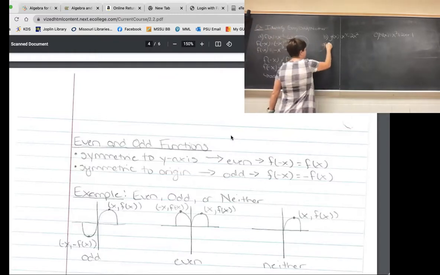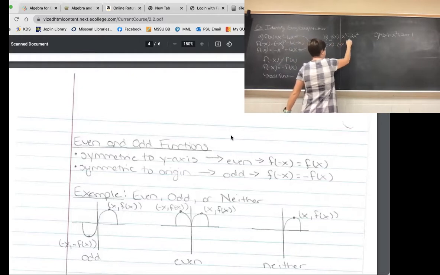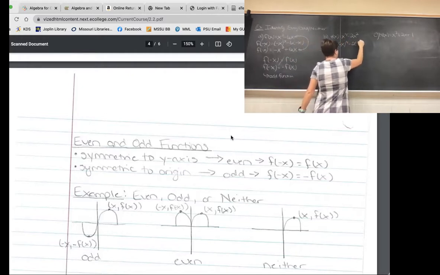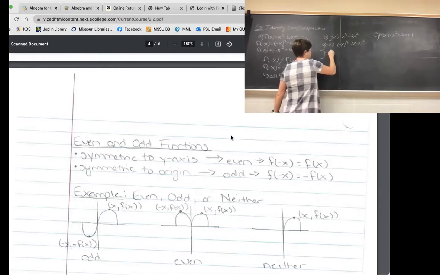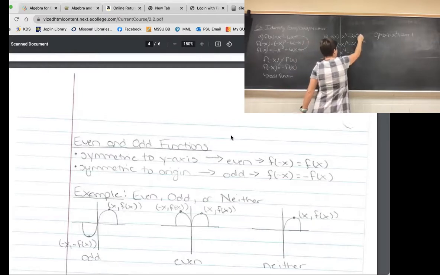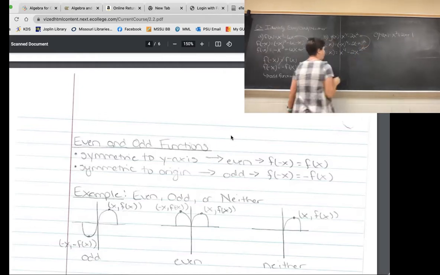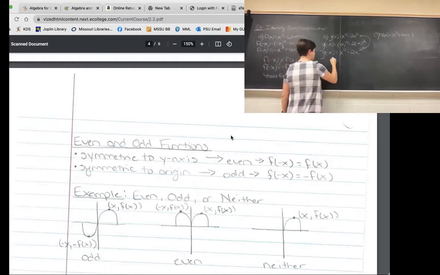So let's find g of negative x. I have negative x to the fourth minus 2 times negative x squared. Negative x to the fourth is going to be x to the fourth minus 2x squared. I'm going to compare my g of x to my g of negative x.